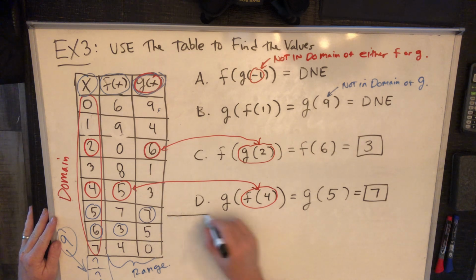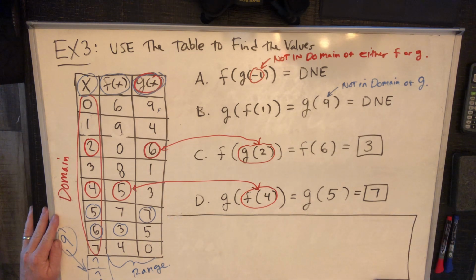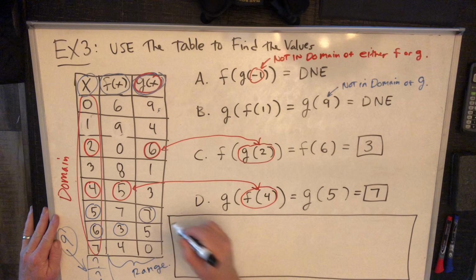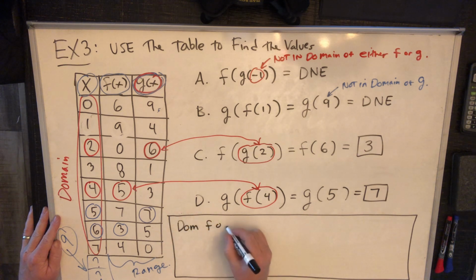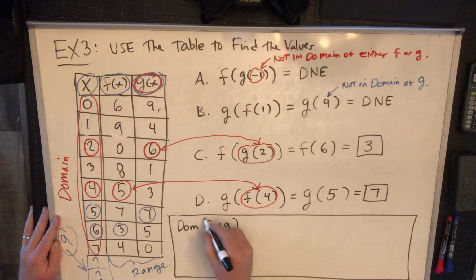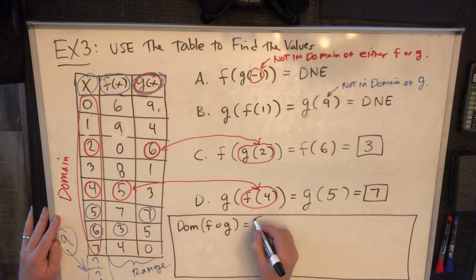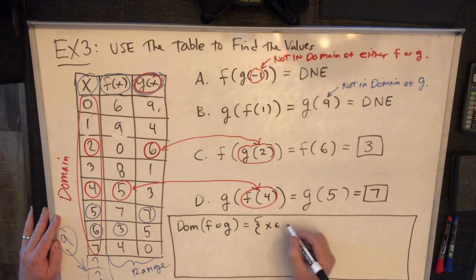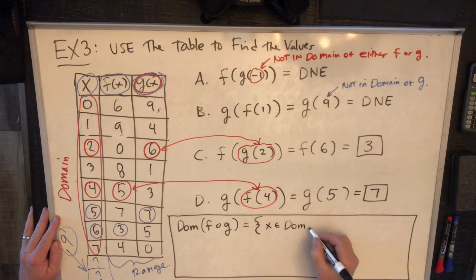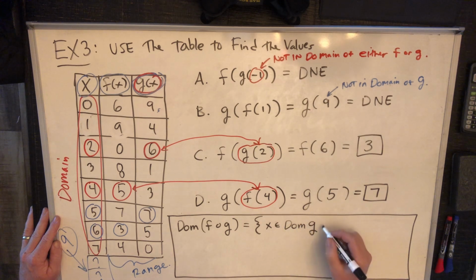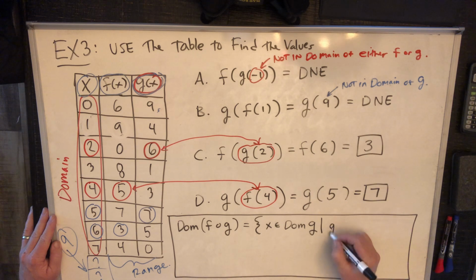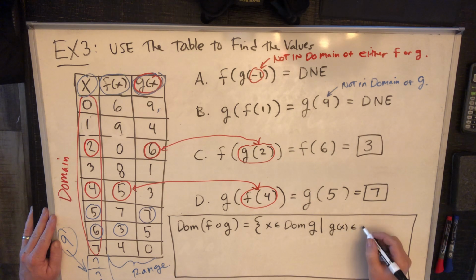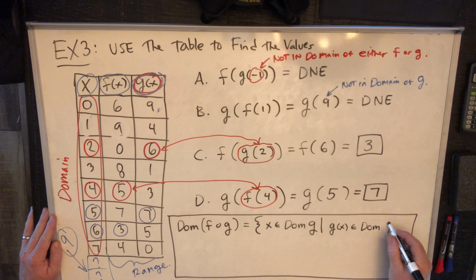That's to lead us to the definition of the domain of a composition. The domain of f∘g is equal to the set of all x in the domain of g such that g of x is in the domain of f.